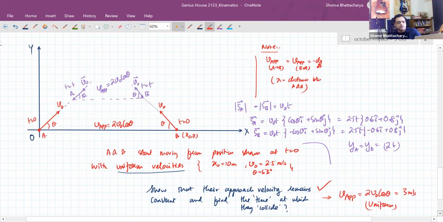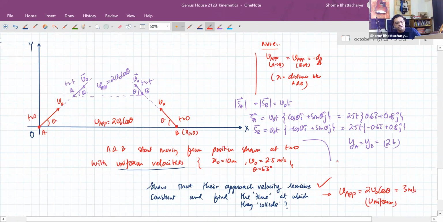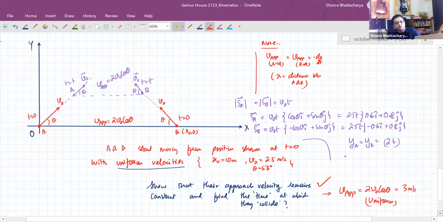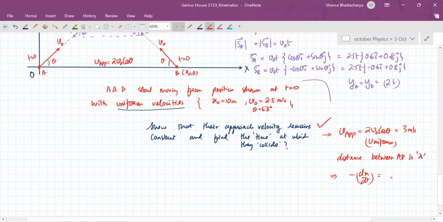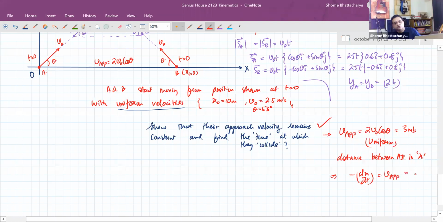And now we can see that therefore, if the distance between A and B is x, then minus dx by dt is equal to v approach, which in this case is constant.